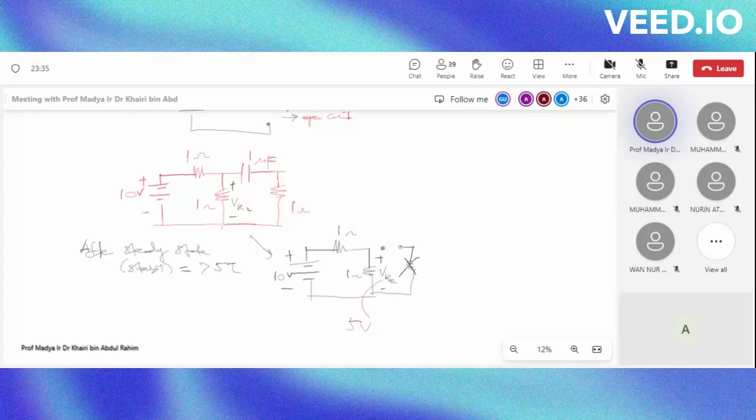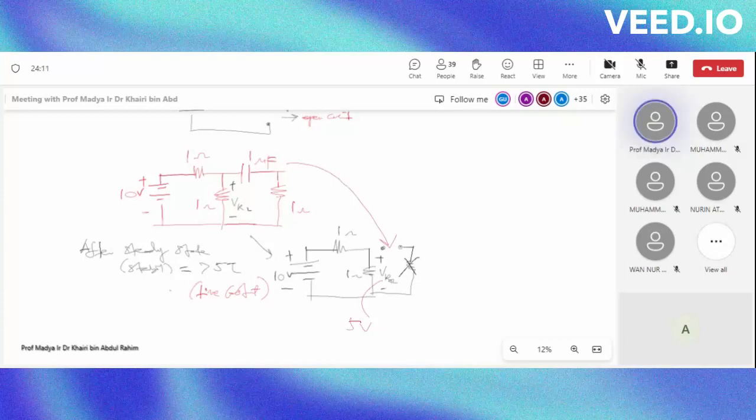So even though there's a capacitor here, right? Even though there's a capacitor here, but because the calculation is done after steady state, that means the circuit is already stabilized and it is already after 5 tau, 5 time constant, okay. So therefore, it becomes open circuit.